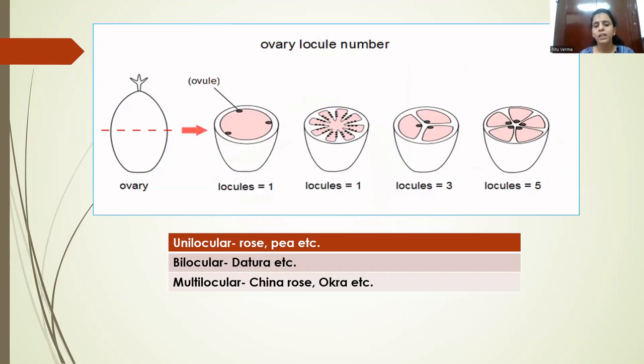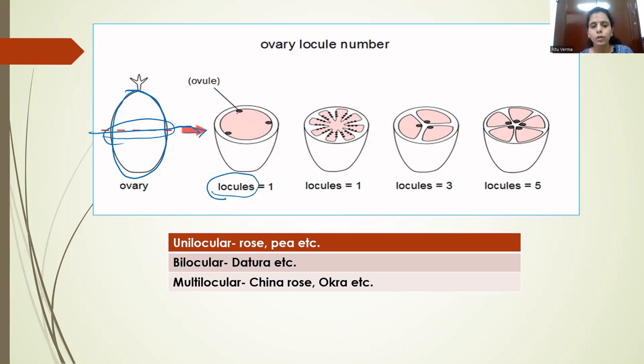Now, there could be 1, 2, 3, 4 or 5 locules present inside any ovary. For example, this picture represents the ovary. If you take the transverse section of this ovary, and observe inside, you can find one locule, one cavity.